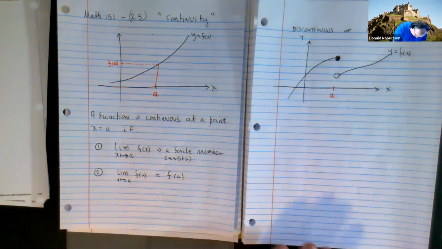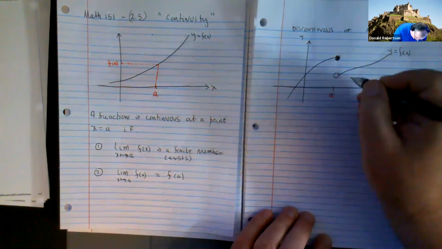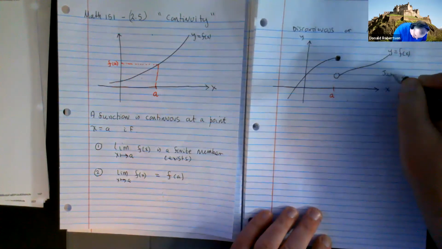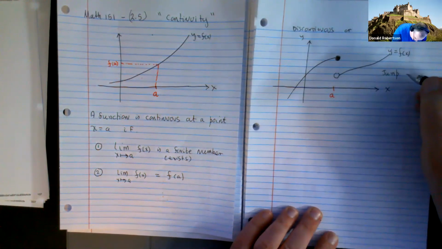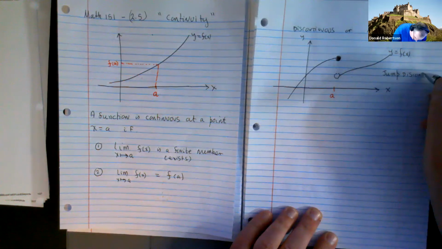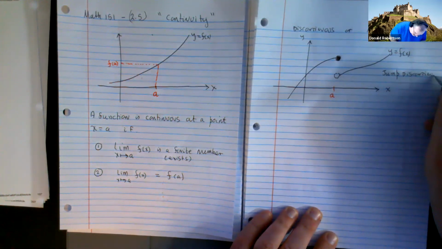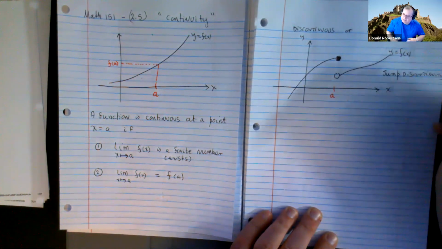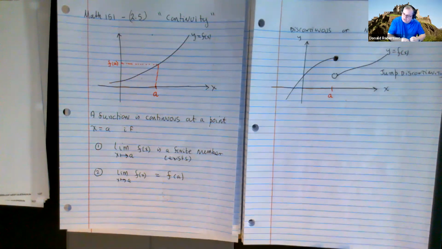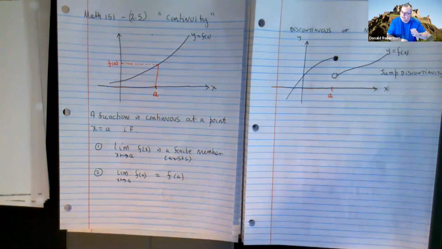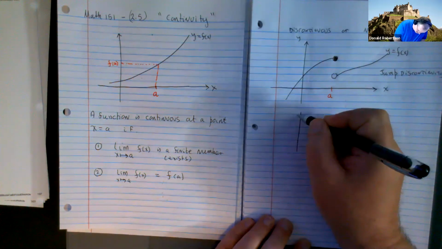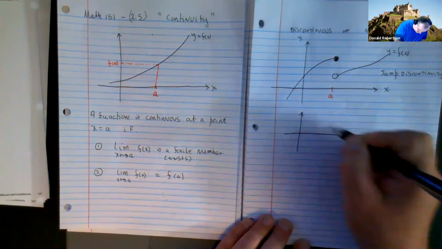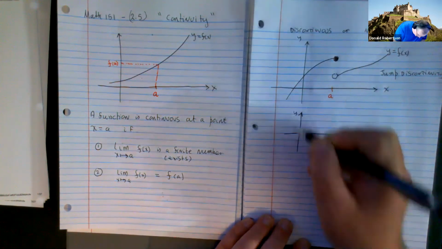We call this picture, and I like this name, so it's not one I made up, someone else made it up, a jump discontinuity. I kind of like that name, right? Doesn't the function kind of suddenly jump? It breaks value. Here's my next one.